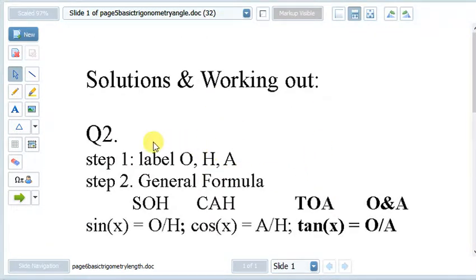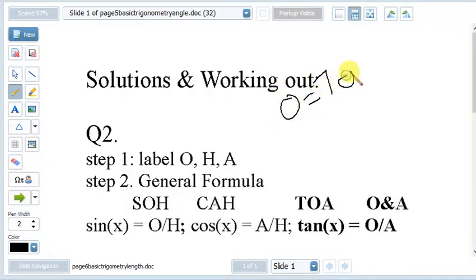So let's just write that down before we forget. So O is 7 and A was 3.9.